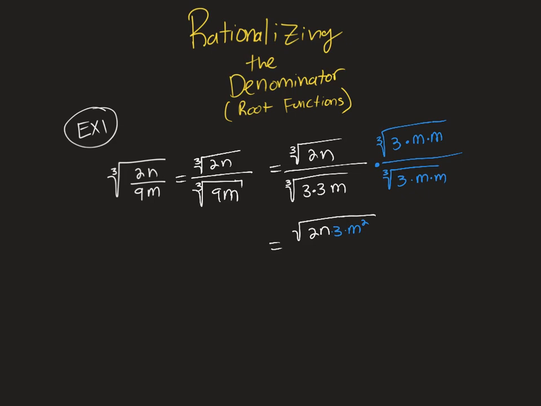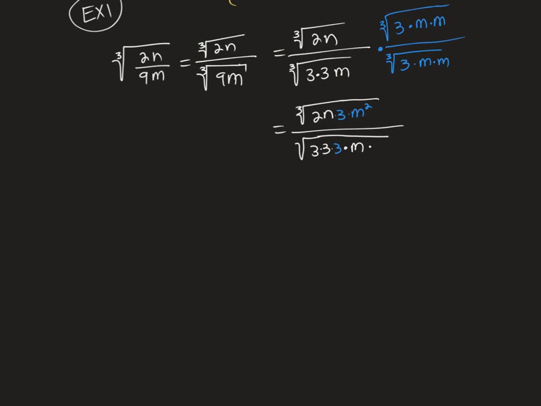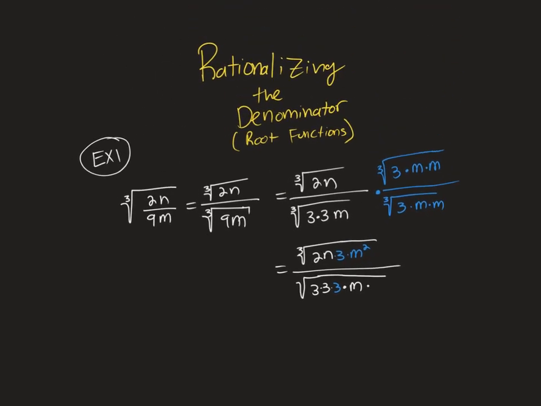And then on the denominator, I'm going to get the cube root of 3 times 3 times that blue 3 times the m that I had before, times the 2 new m's that I'm multiplying by, m and m. Clean up that radical. There we go. All right.